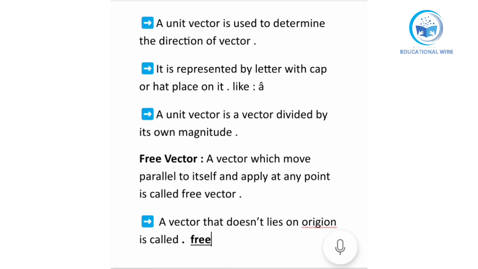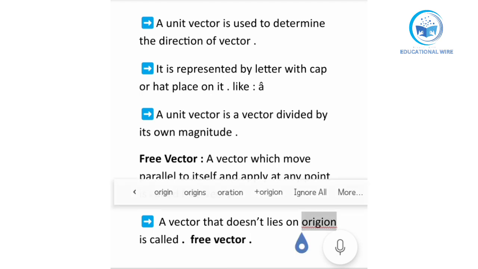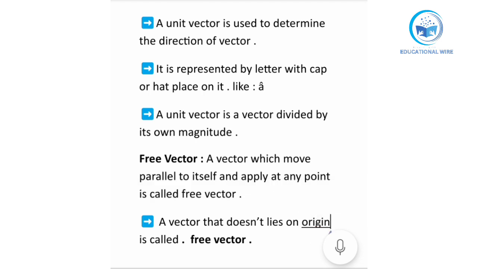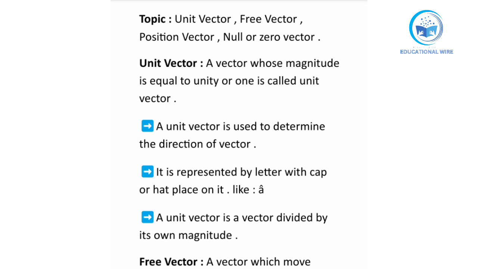The answer will remain the same, that is a free vector. Okay, now let's solve it diagrammatically in a figure, to prove how it's happening. Let's suppose in a free vector we are having three dimensions.